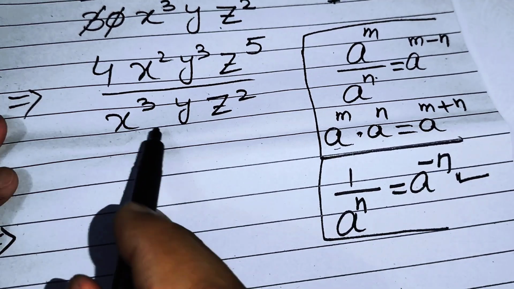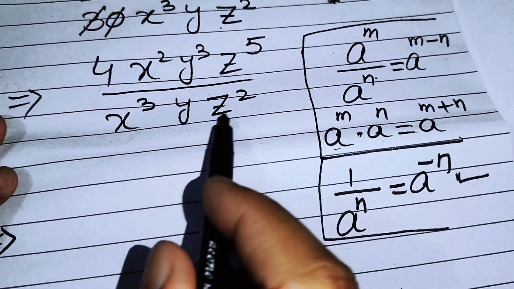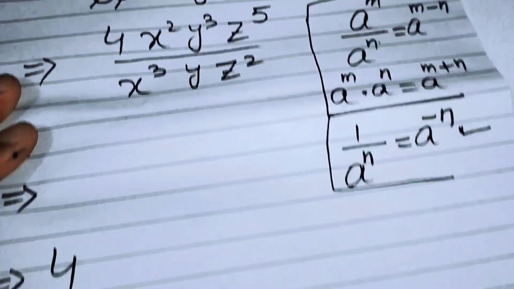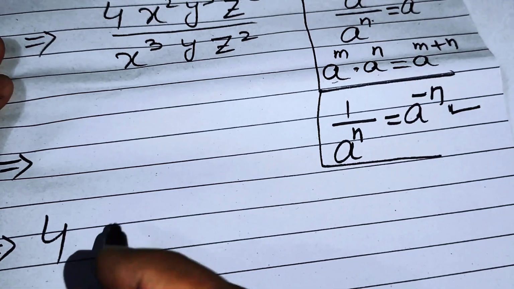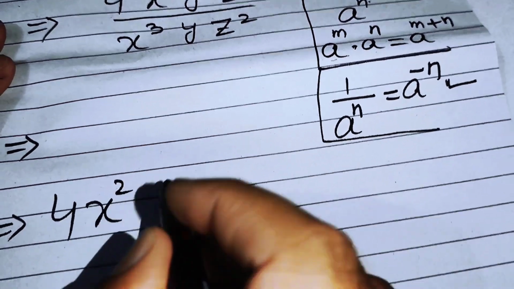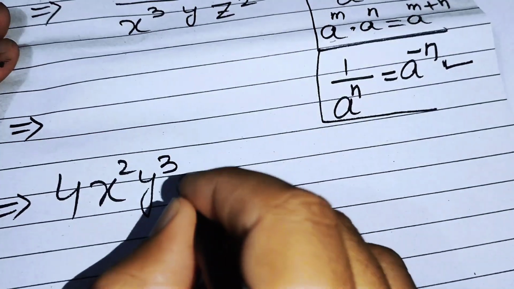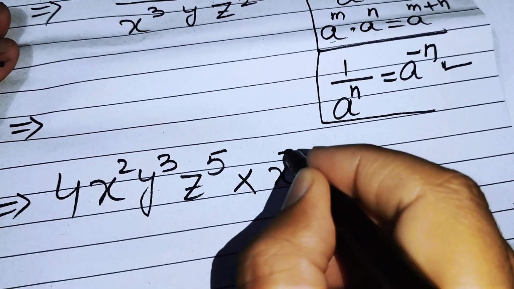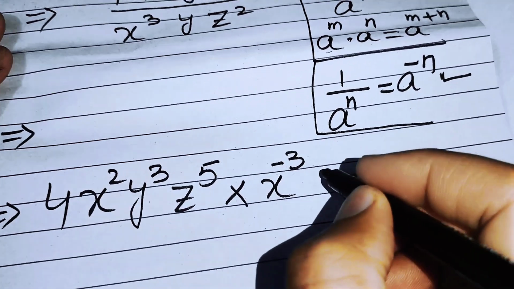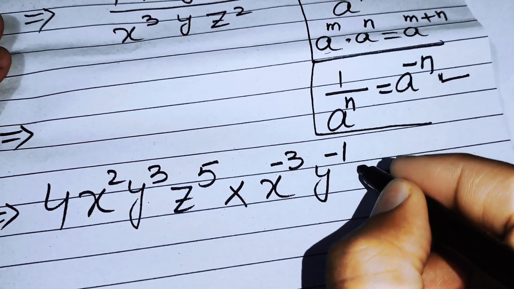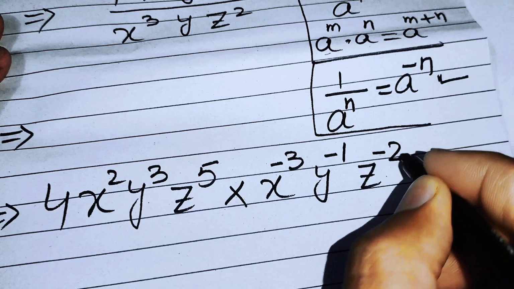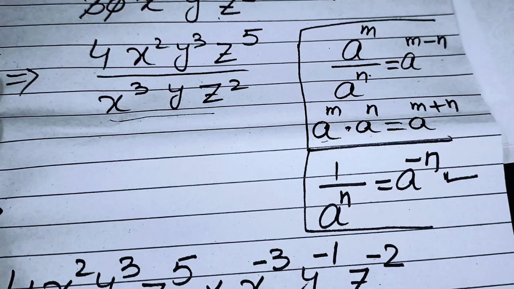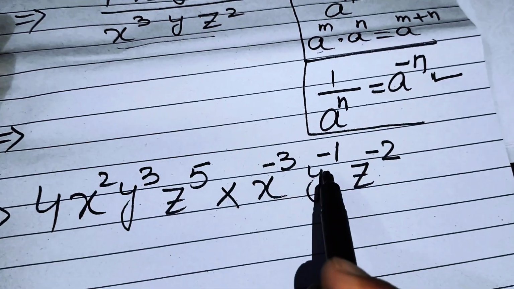When we move all the terms from the denominator to the numerator, it becomes 4 times x squared y cubed z to the power of 5 times x to the power of minus 3, y to the power of minus 1, and z to the power of minus 2, because we moved these terms into the numerator, so their exponents are negative.